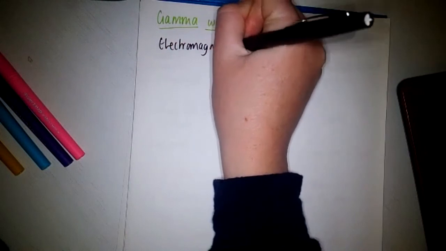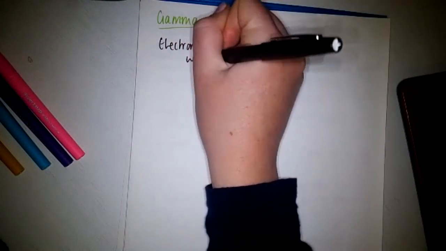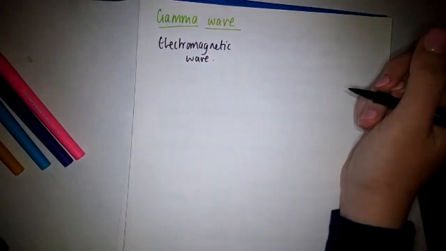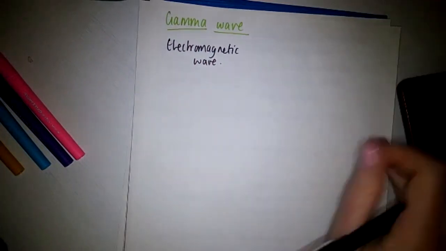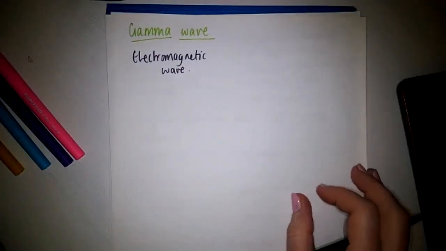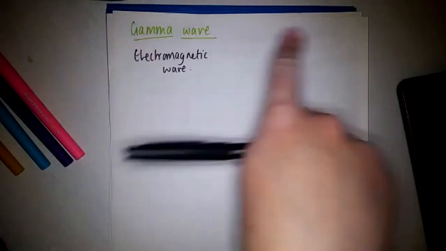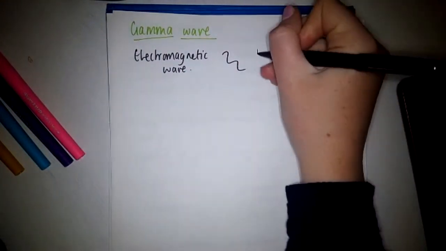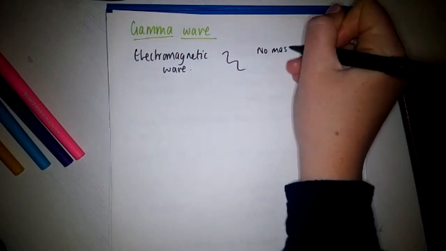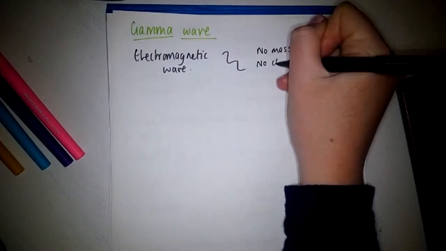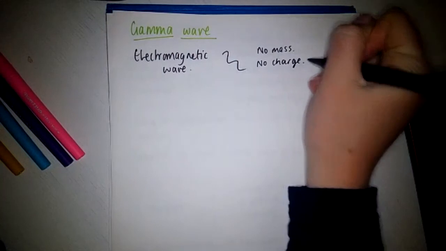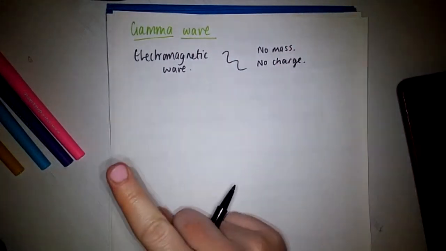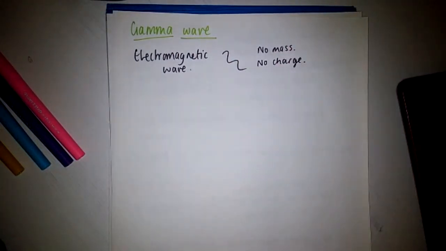This is very basic. Electromagnetic wave. And they have no mass and they have no charge. So you would literally just represent it as a wave like that. No mass, no charge. I just thought of something else that I need to go back and add into the other sheet, so I'll do that in just a minute.